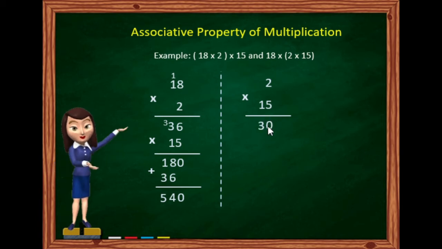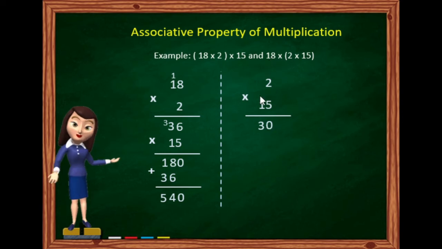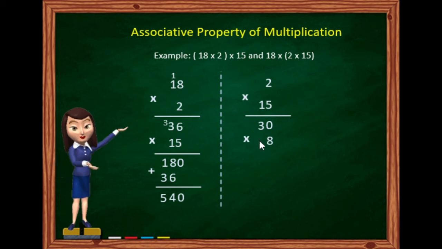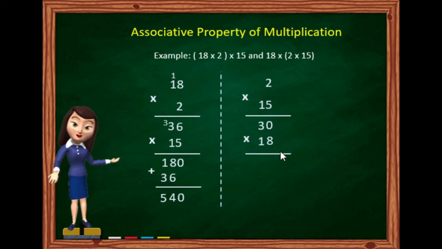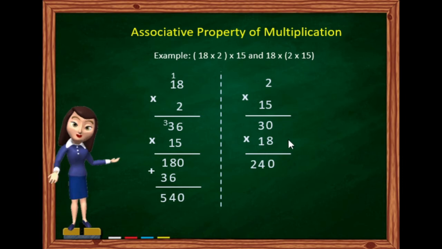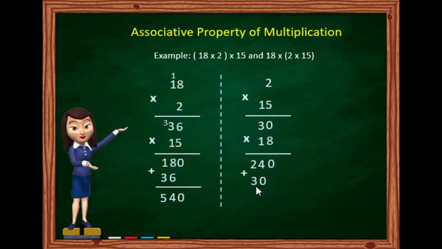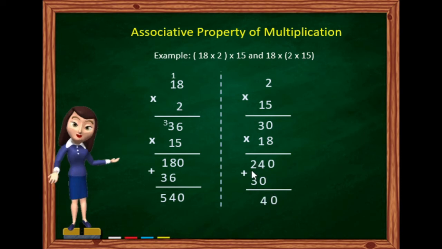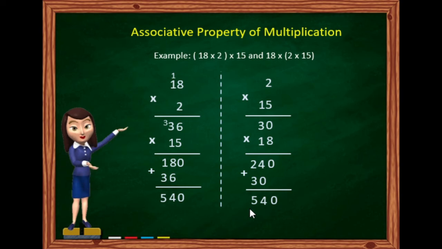Then we multiply it with 18. 8 times 0 is 0. 8 times 3 equals 24. 1 times 0 equals 0. 1 times 3 equals 3. Add them together. Bring down 0. 4. 2 plus 3, 5. The answers are still the same.